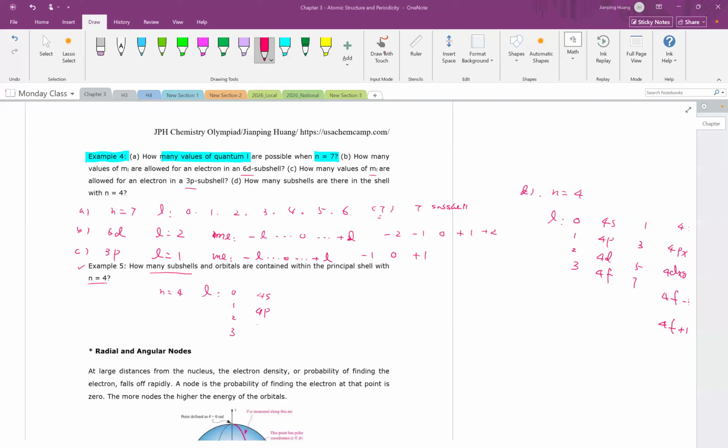Now, how many atomic orbitals? 1, 3, 5, 7. If we add, that equals 16. So it should be 4 squared. Should it be n squared? Now n equals 6. How many orbitals? 36. Any question?